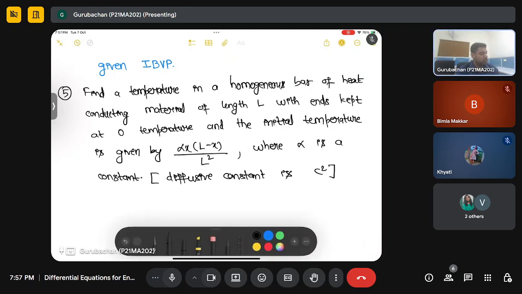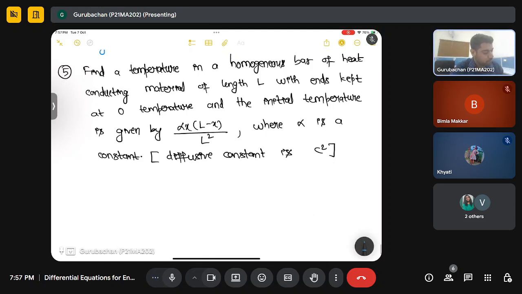So let us start. Here we are given that the diffusive constant is c square. So that means your heat equation will be ut minus c square uxx is 0, and the given length of the bar is L. So t is any positive number.